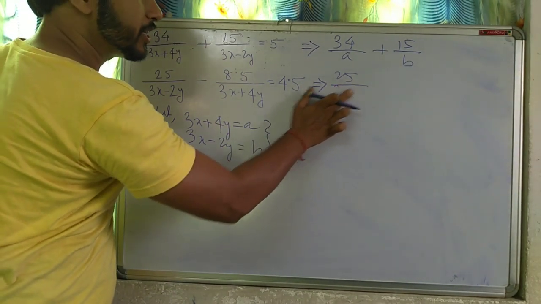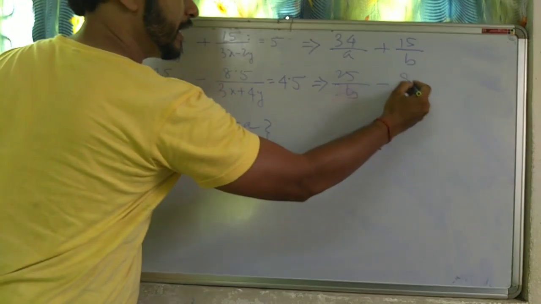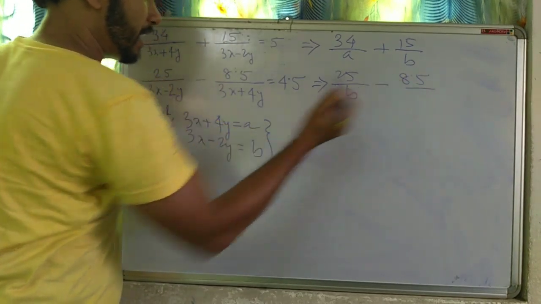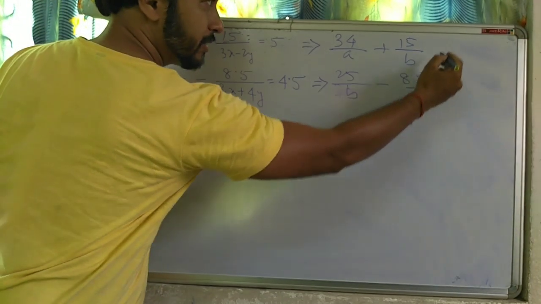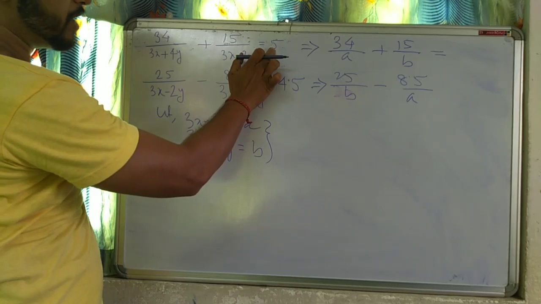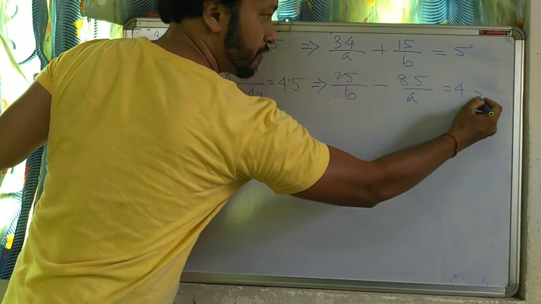So, we have to write b minus 8.5 by 3x plus 4y means a equal to, this was 5 and this is 4.5.